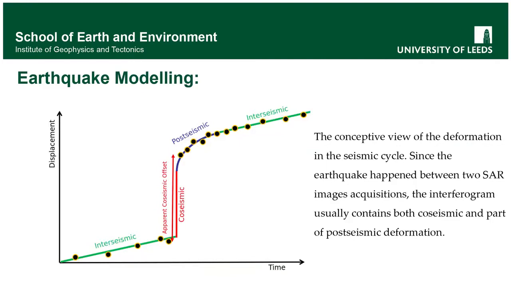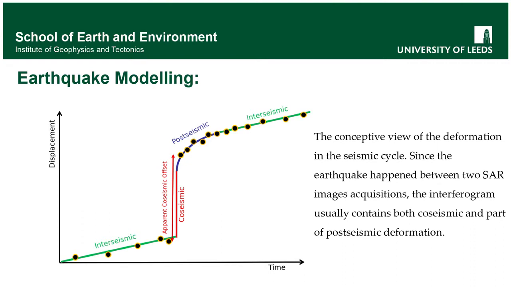The second thing we are going to do is the earthquake modeling. Here is the conceptual view of the deformation of the seismic cycle. First, the ground deformation will generally follow a linear trend with a slow change. And suddenly an earthquake happens, with a huge deformation.